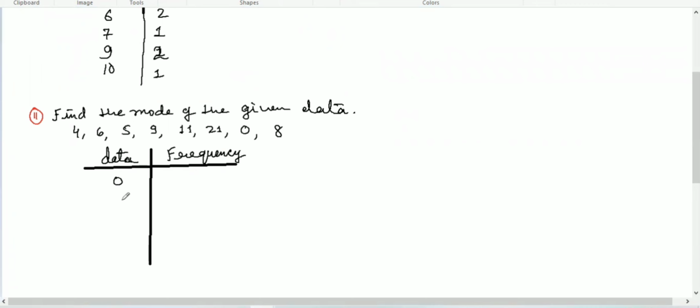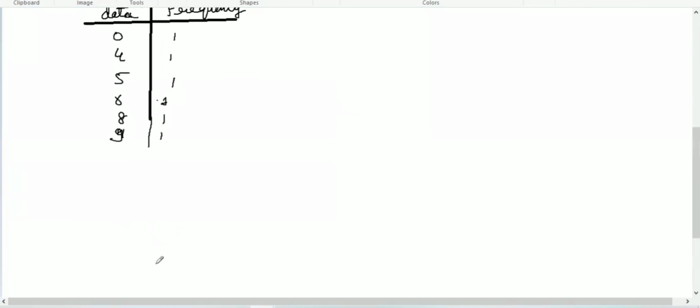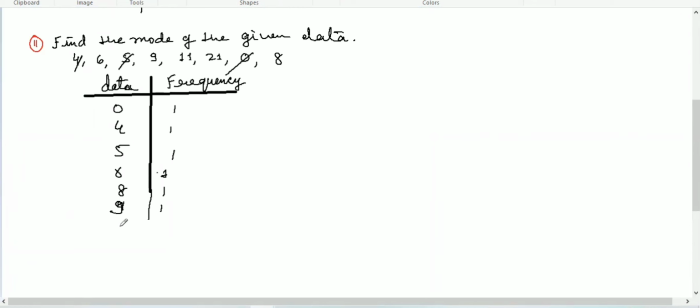So we have 0 one time, 4 one time, 5, 1, 6, 1, and then we have 8, again one time, then we have 9, one time, and we have 11 and 21, which both have one time.